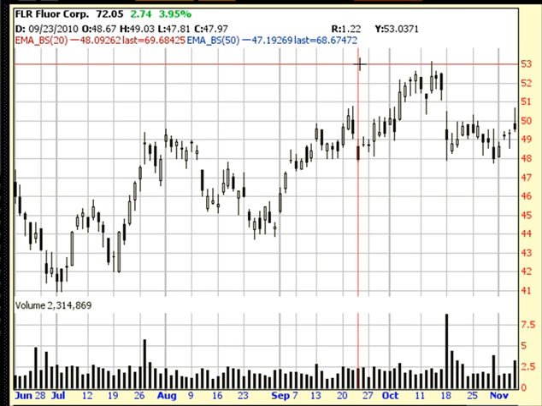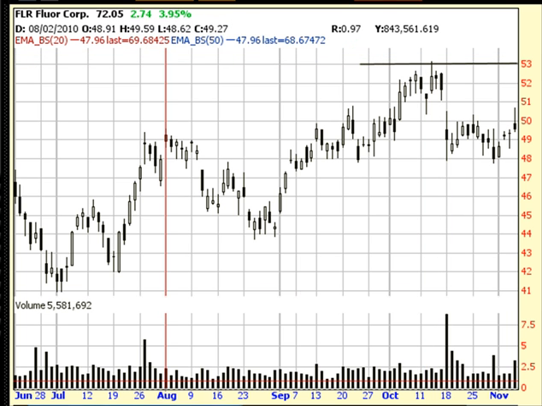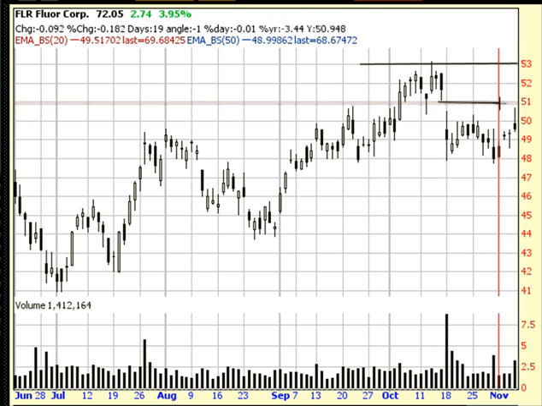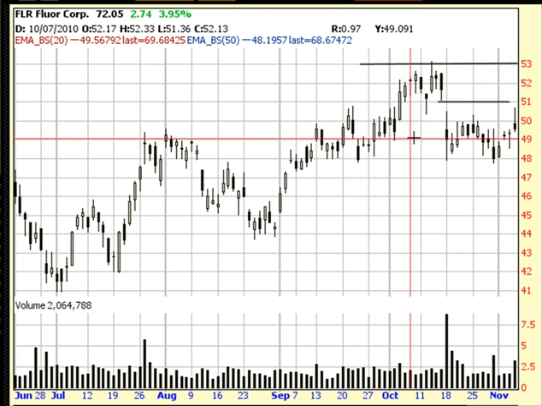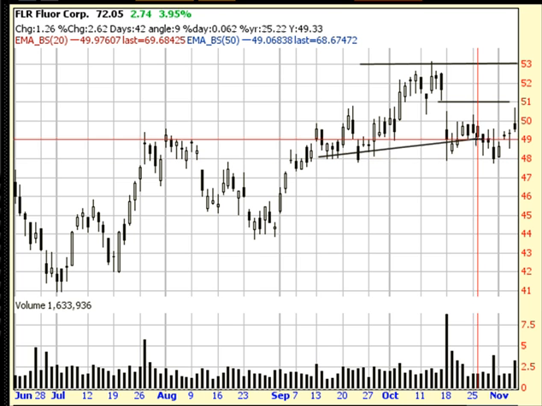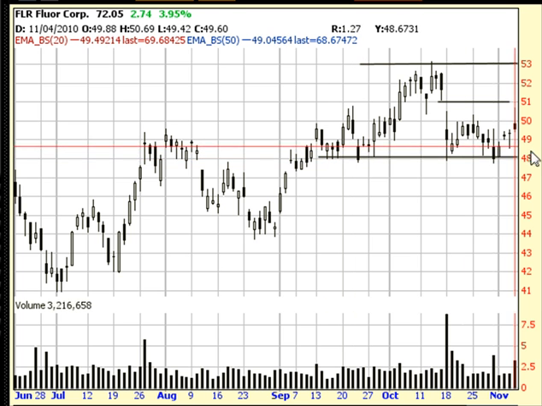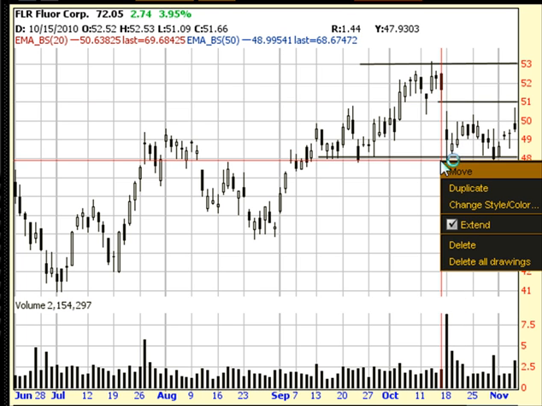We'll point out resistance right here at about the 53 level, and the resistance under that is about this gap area around 51. Our support will be the bottom of this range. Look how many times this $48 level was tested: 1, 2, 3, 4 times. So that will be holding as support.